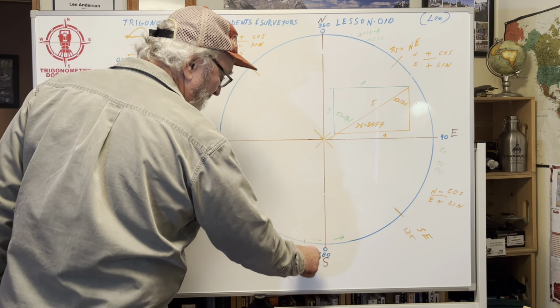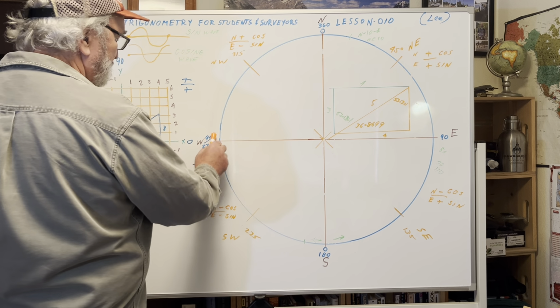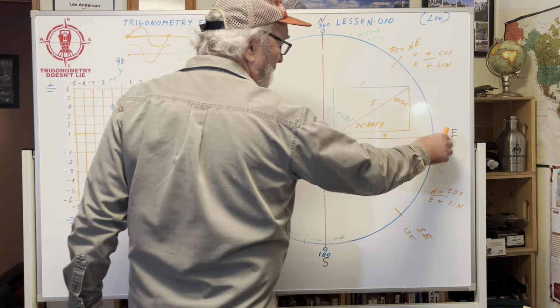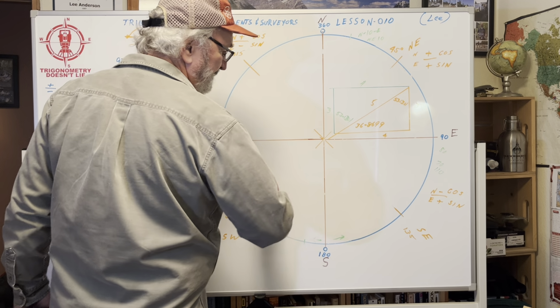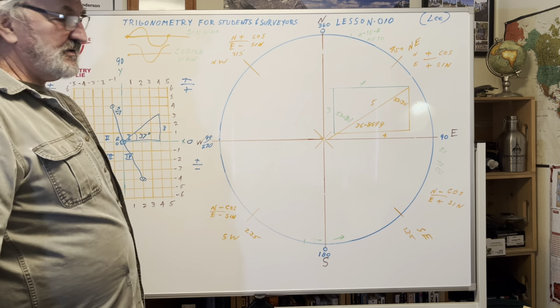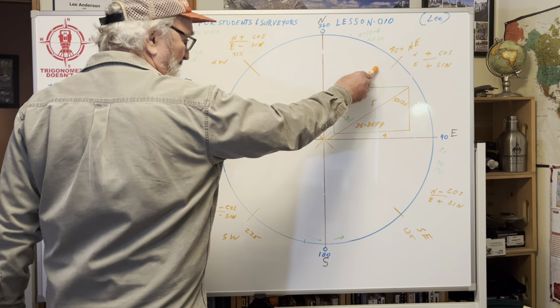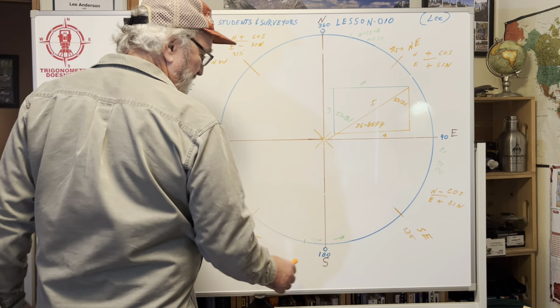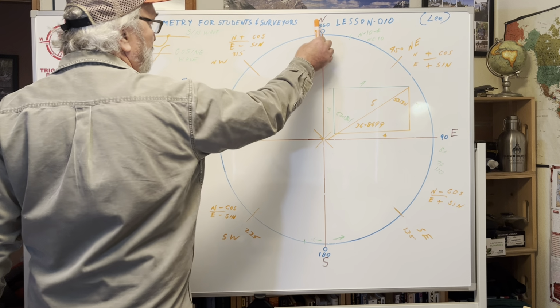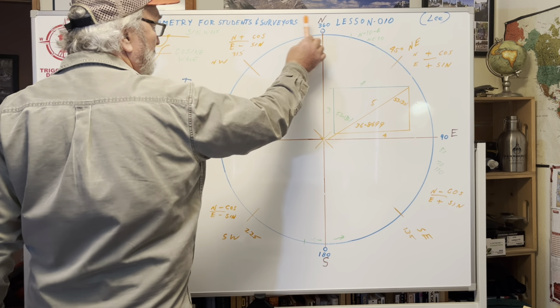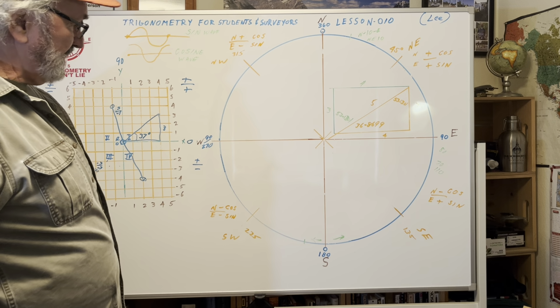You're using 180. What you're not using is 90 or 270. Those don't come into it when you're converting from azimuth to bearing. So that quadrant's the same. These two quadrants reference 180, and this quadrant references 360.